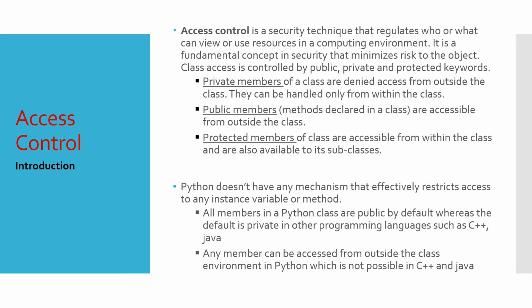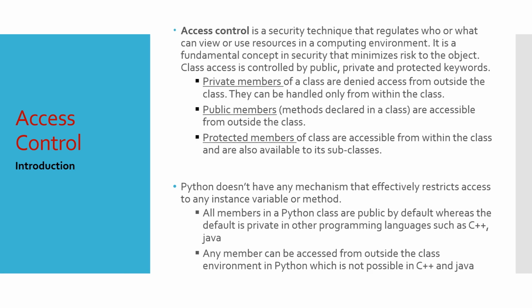I would not spend more time on this because you will know more as we learn more chapters in coming units. But it is important to know there are three types involved in access control for classes, and that it's a security technique that helps to regulate who or what can view the class in a computing environment.